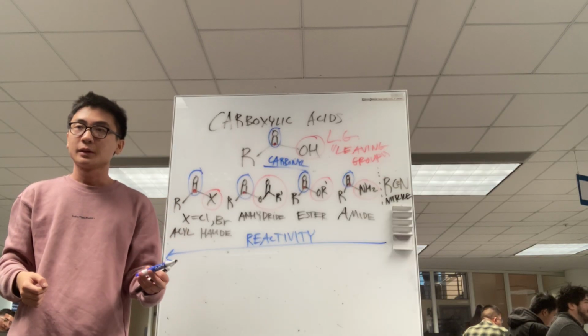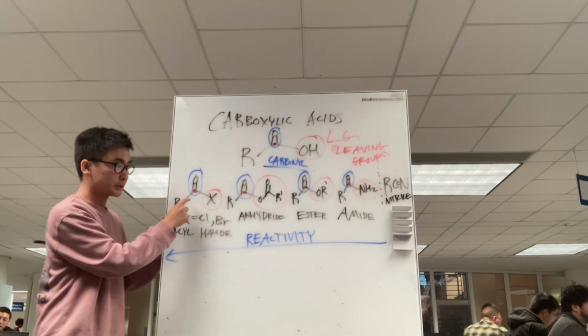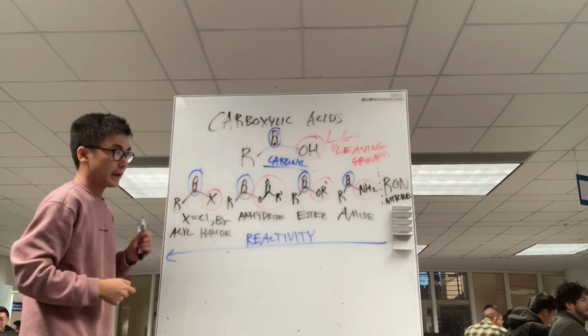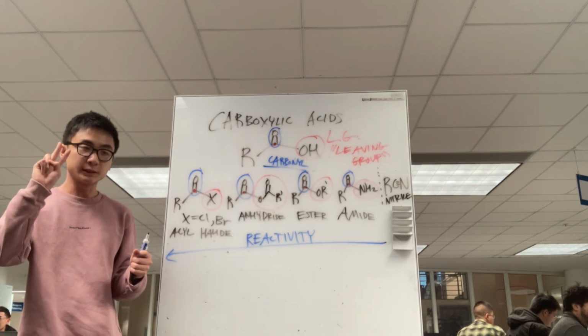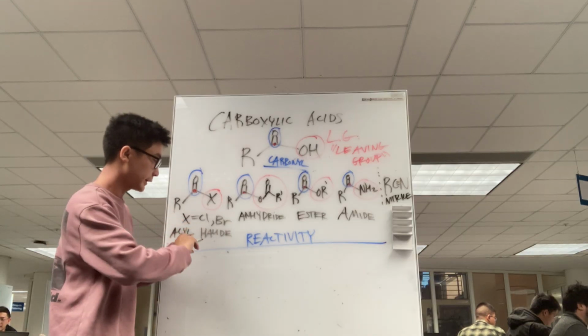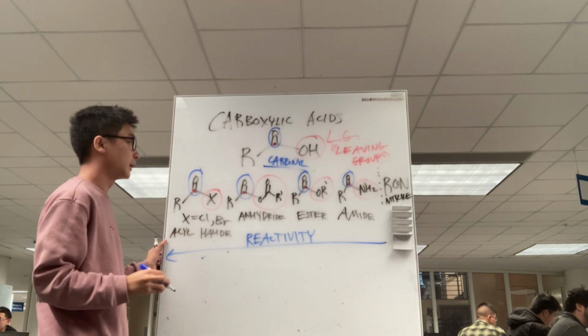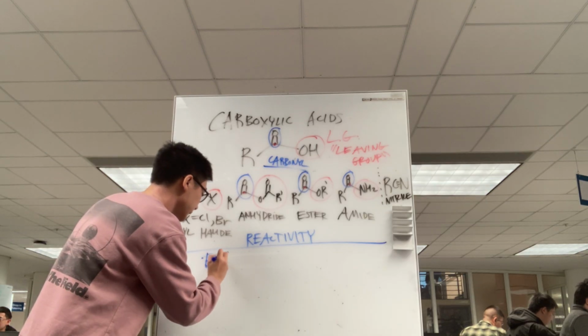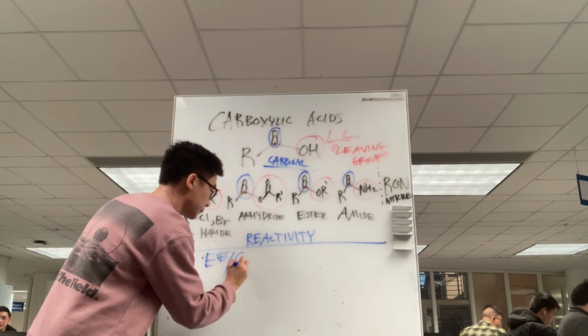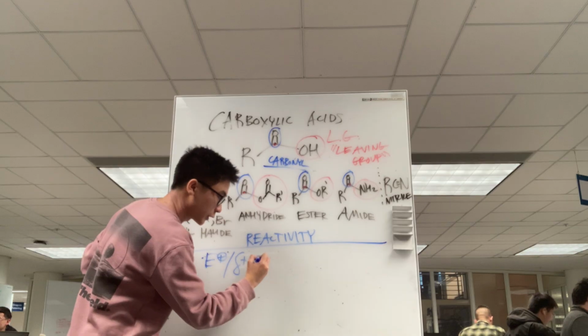Now, I'm going to explain why acyl halide is the most reactive derivative, and let's say amide is the least reactive derivative. It's based on two factors. The most important factor is the electrophilicity, or positive charge, of the carbonyl carbon.